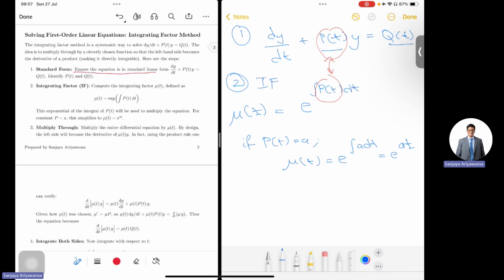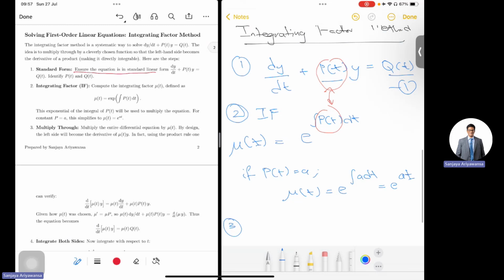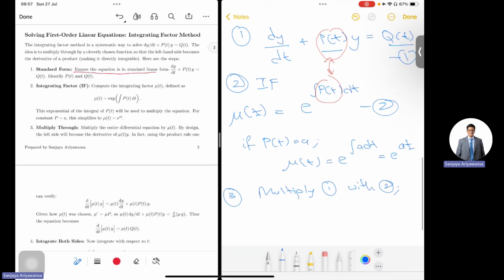After you figure out the integrating factor, you multiply your first equation by this integrating factor. So multiply equation 1 with equation 2. Then you get on your left hand side e to the power of integral p(t) dt times dy by dt plus e to the power of integral p(t) dt times p of t y equals e to the power integral p(t) dt times q of t.